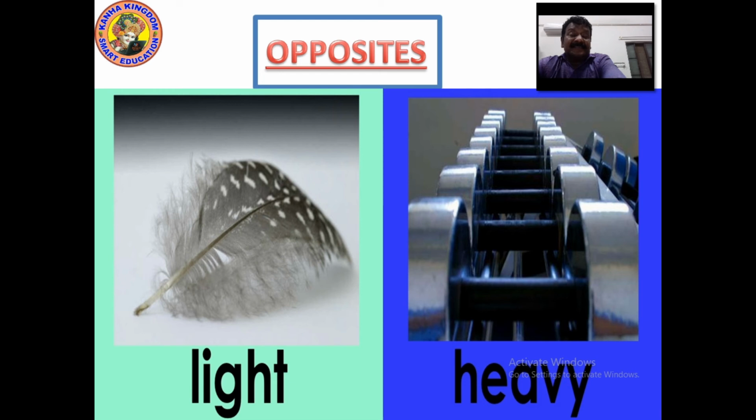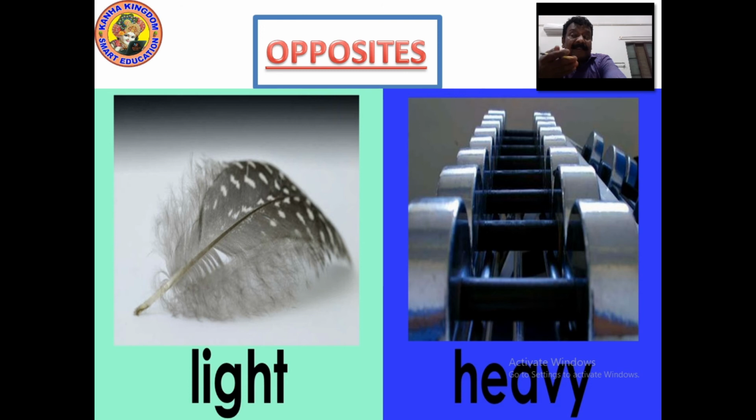Light, L-I-G-H-T, light. Light means the feather. The feather of a bird is very light. But you can see that the bodybuilders using dumbbells to do exercise are heavy. So the opposite of light is heavy. Opposite of heavy is light.